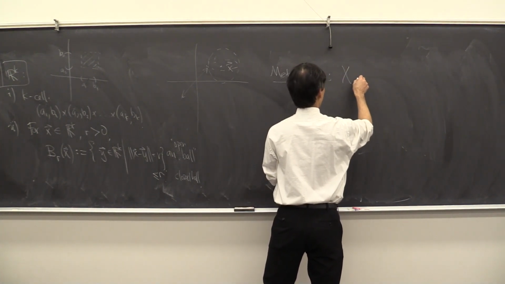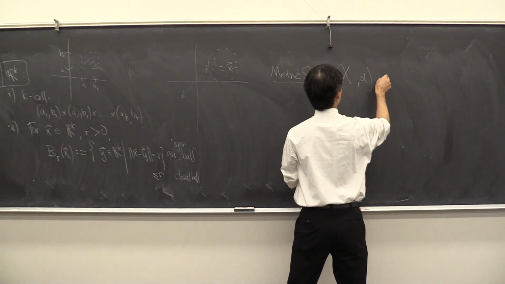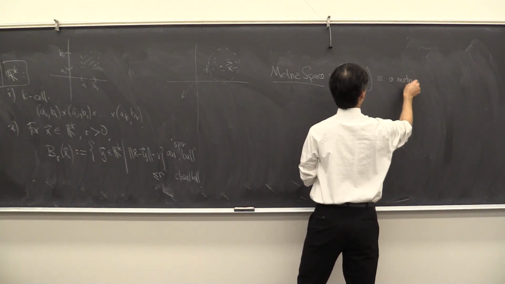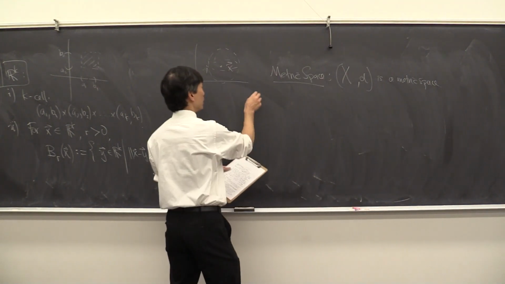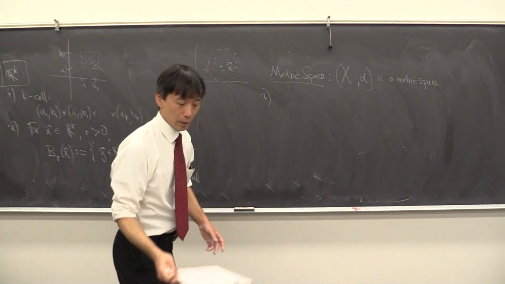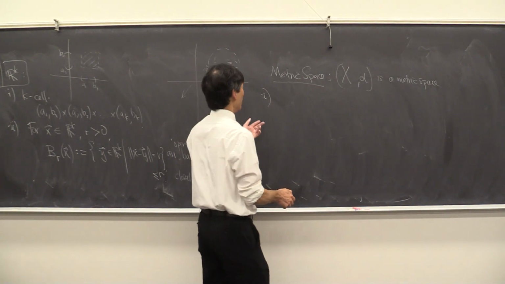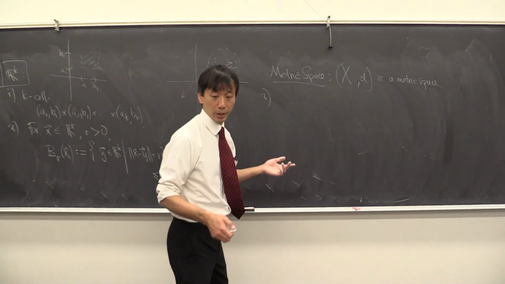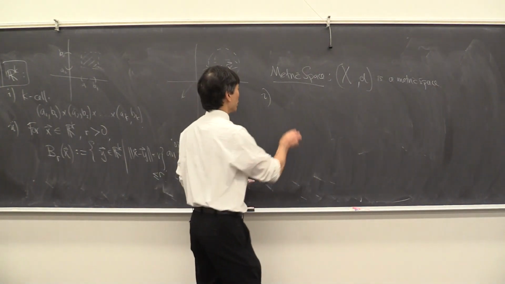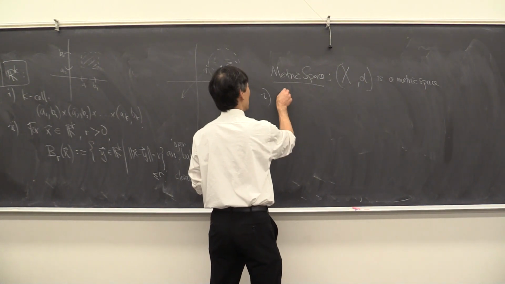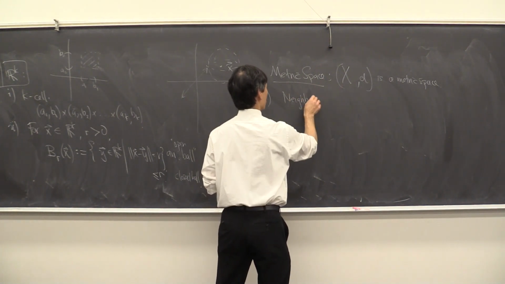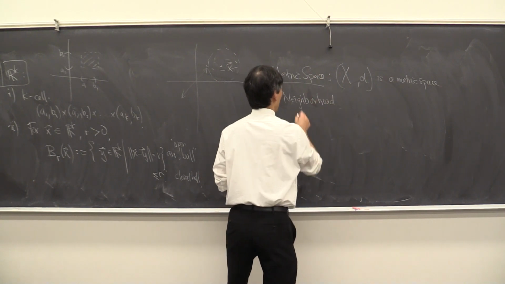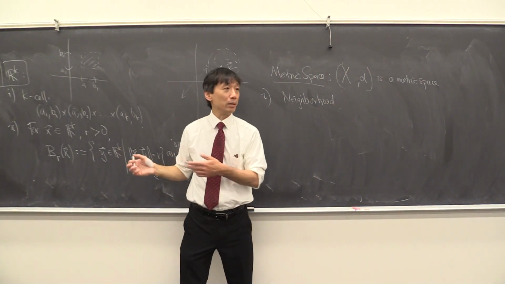Okay, so let's say that (X, d) is a metric space. The first thing we do is define something called a neighborhood, and this is basically the same thing as a ball.